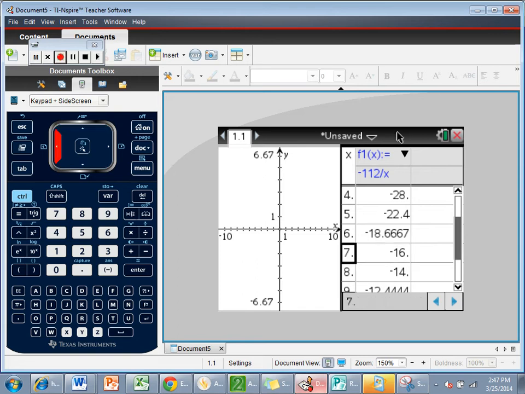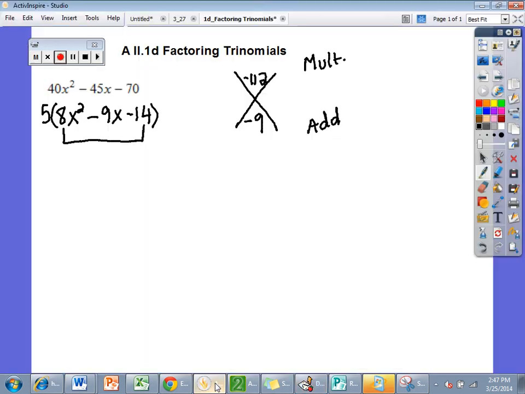Okay, so that's 7 and negative 16. So if you want to try that on your calculator, if you don't believe the table of values, go for it. But I promise you that negative 16 times 7 will give you negative 112. And also negative 16 plus 7 add to give us negative 9.